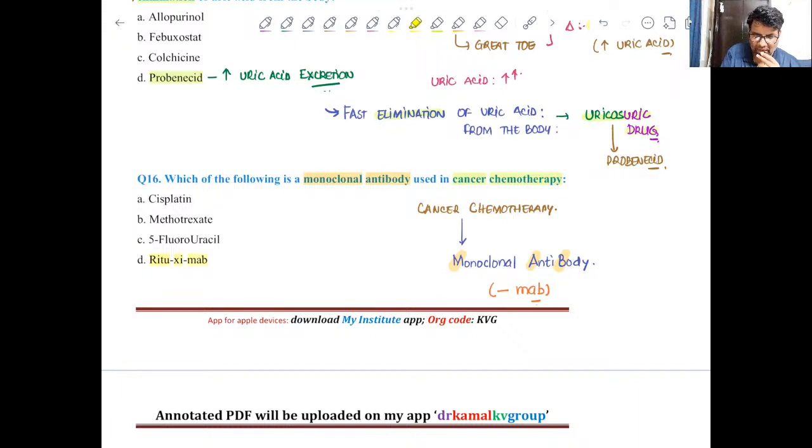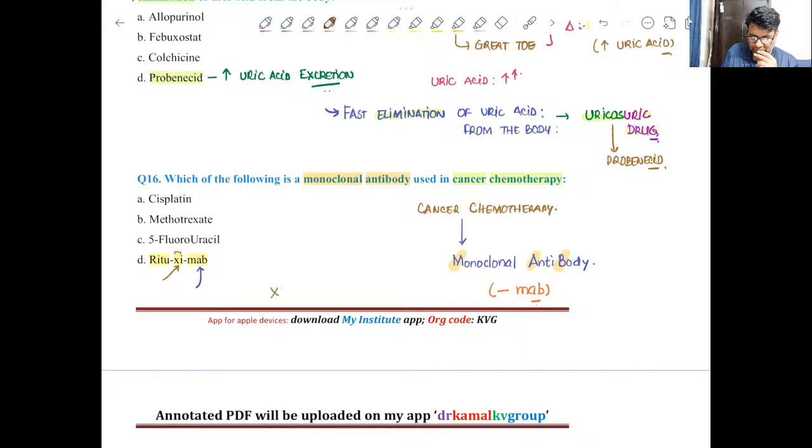So here we can see this drug is ending with MAB, so this is monoclonal antibody. Now this word here, this is rituximab, so this word is also having a meaning here.